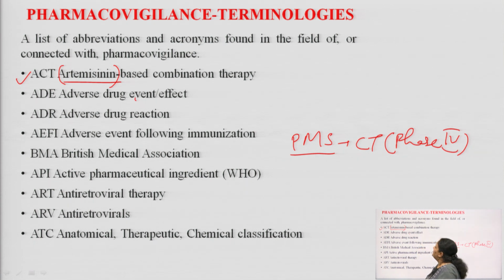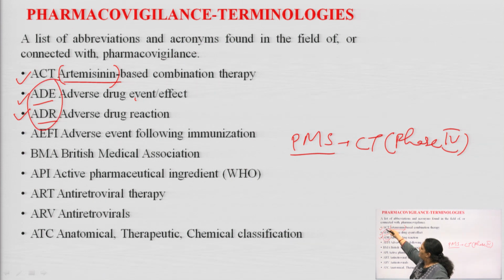So ACT means Artemisinin based combination therapy. Next, coming to the second, ADE. ADE is adverse drug event, or in some books or references you will also get its full name as adverse drug effects. Next is adverse drug reaction, which is the ADR.